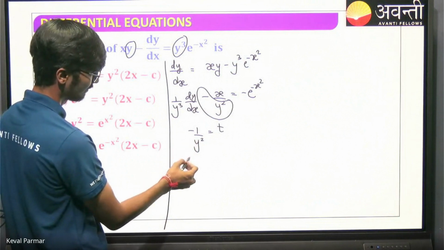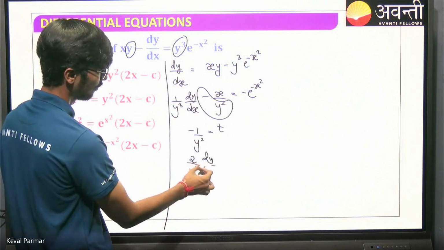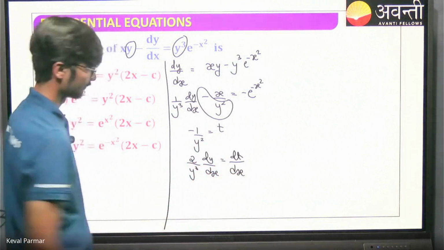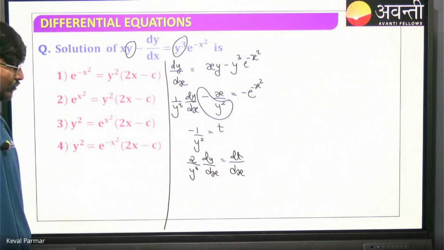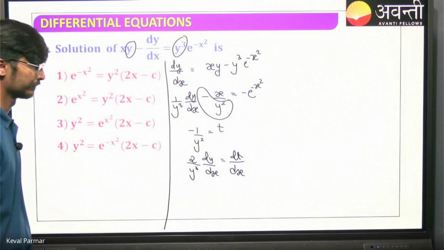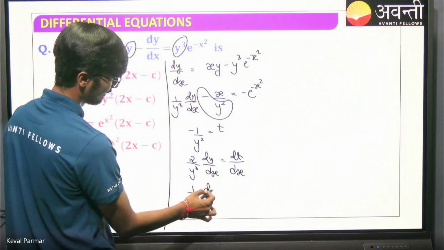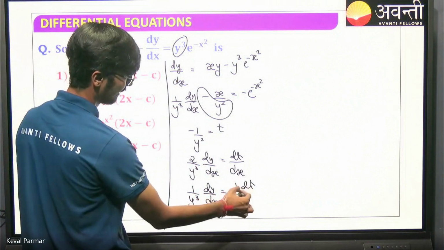So minus minus will get plus 2 upon y cube dy over dx is equals to dt by dx. Check this once. Derivative of y raised to minus 2 is minus 2 y raised to minus 3. So that means 1 upon y cube dy over dx is equals to 1 by 2 dt by dx.